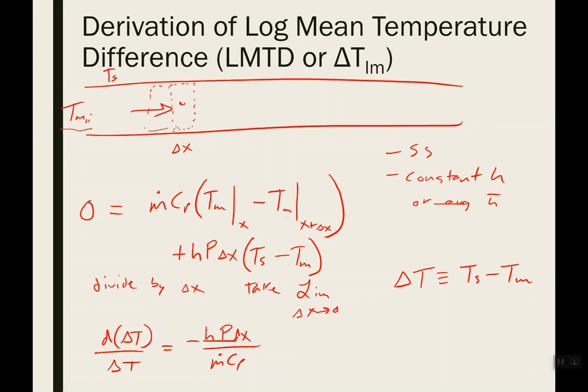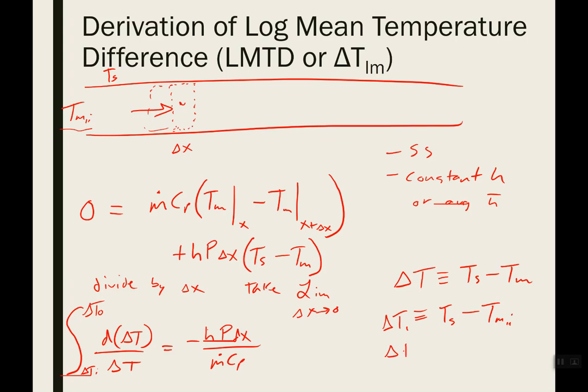So we're going to do a definite integral from delta T at the inlet to delta T at the outlet, where delta T at the inlet is defined as our surface temperature minus our inlet temperature, and delta T at the outlet is our surface temperature minus our outlet temperature.